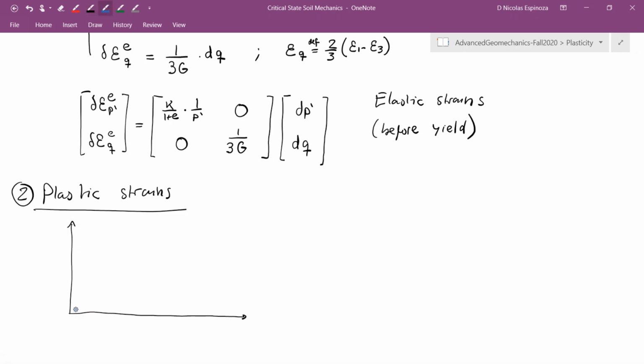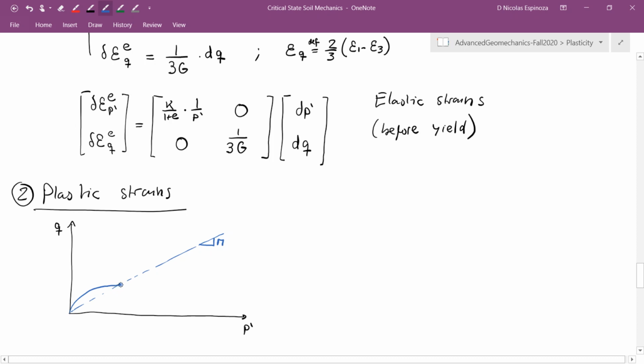This modified Cam-Clay model has a critical state line with slope M. And let me add here that this is the Q and P space. And we have a yield surface, which is an ellipse.